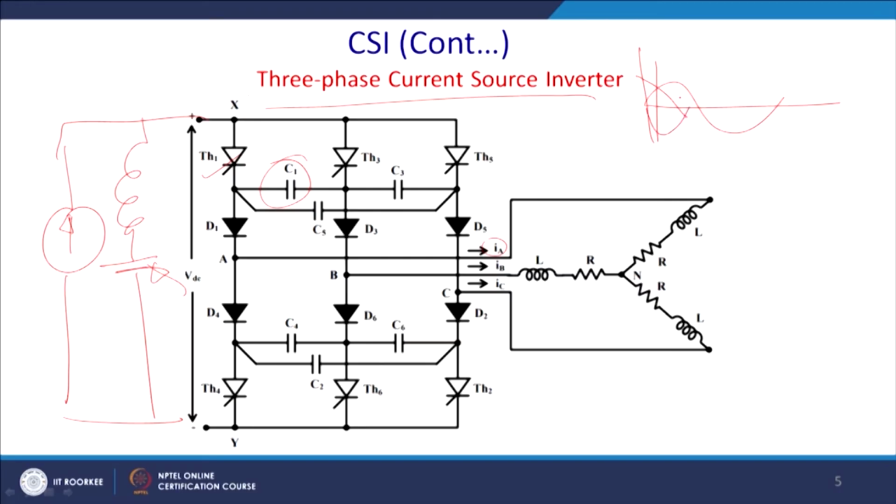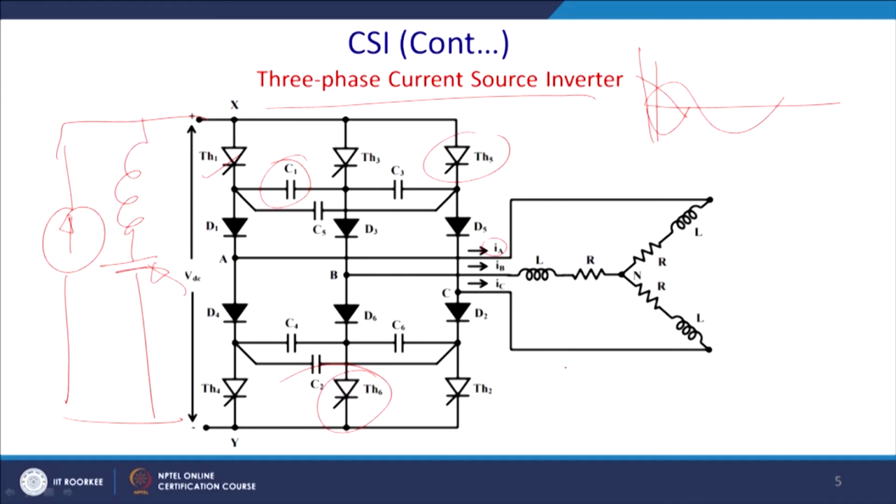So, to mimic it, T1, T3 and T6 will be triggered, and there you will have the current flowing like this.